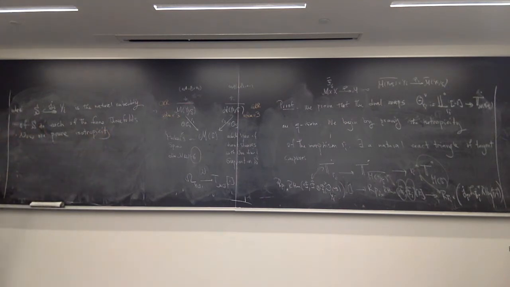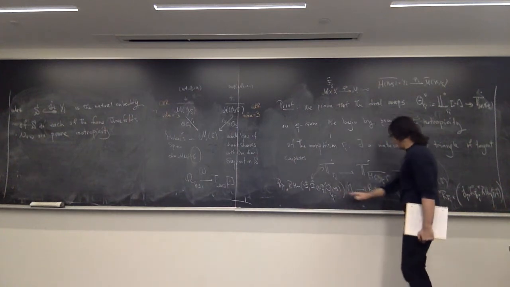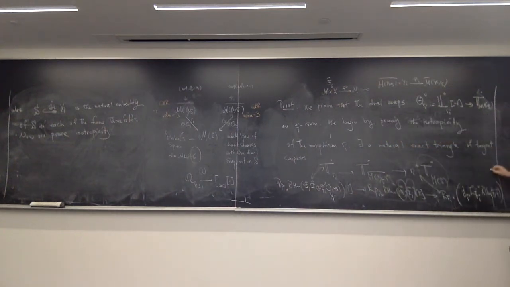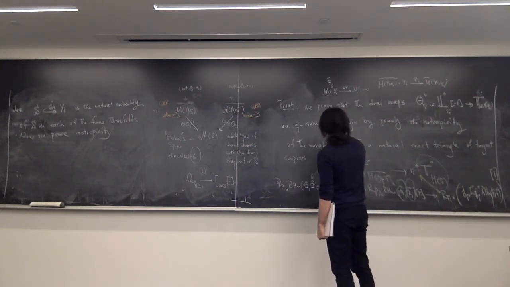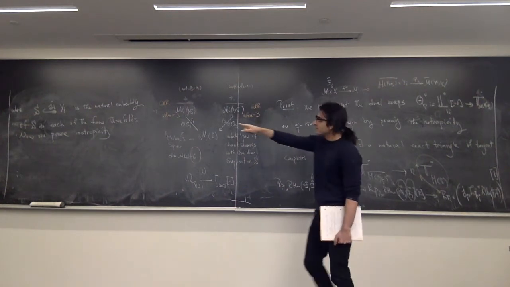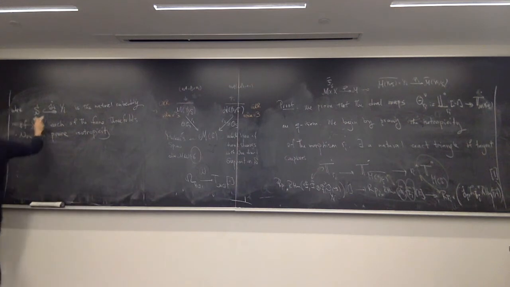Okay, by the way, if you want to know why I have something, each one of these things, by the way, there's also a shift by one in here. Everything has a shift by one. If you want to know where this exact triangle is coming from, it's not so hard to see. You just look at the canonical exact sequence. So you have S sitting inside Yi.